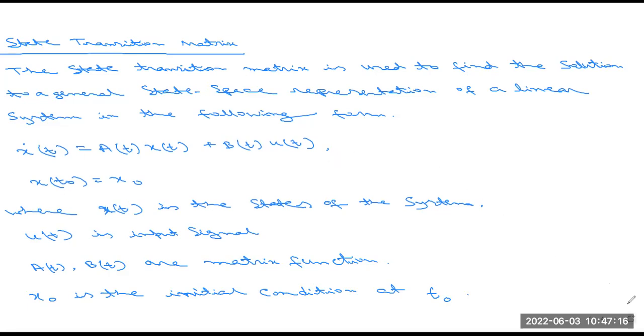Now using the state transition matrix, we express it as phi of t, tau.